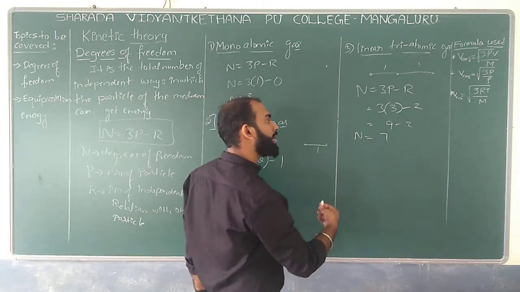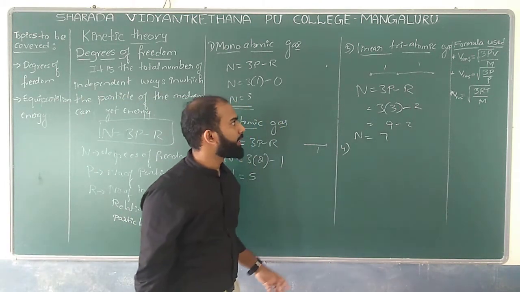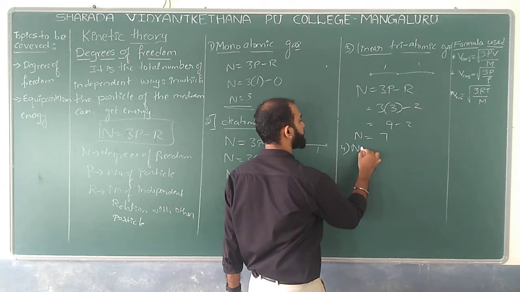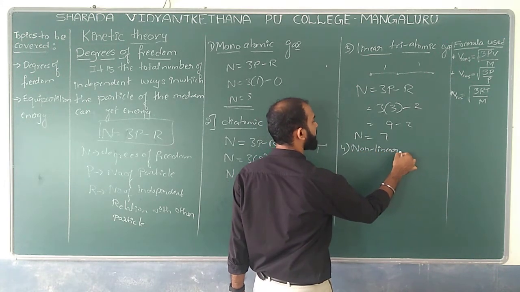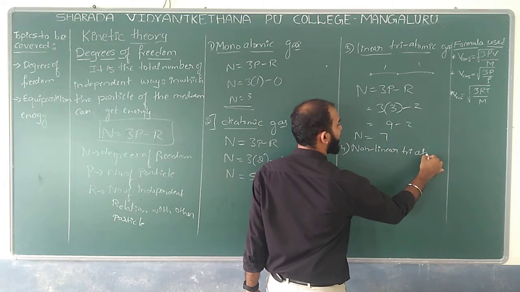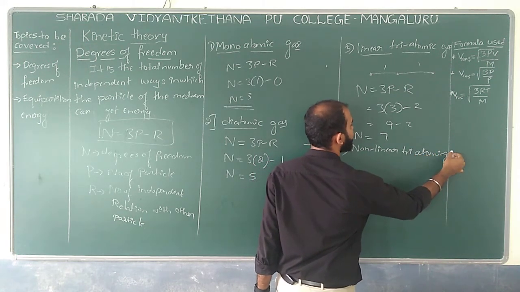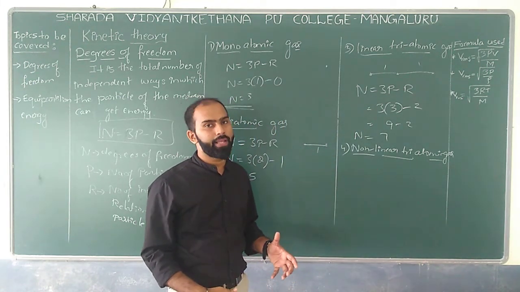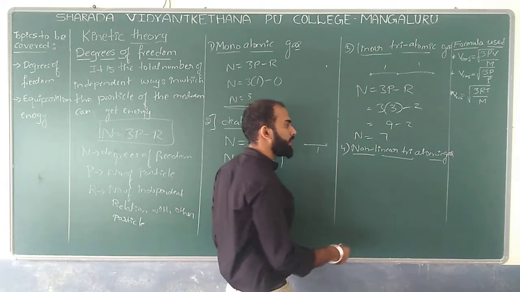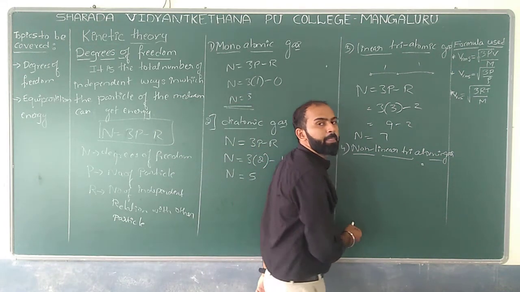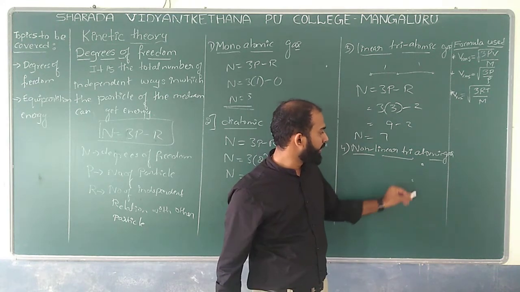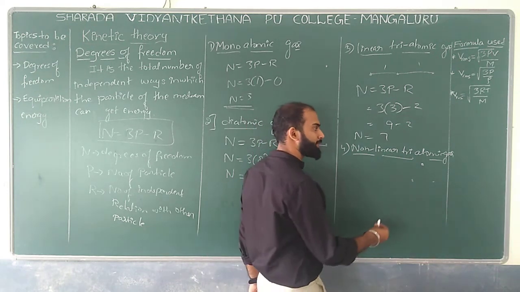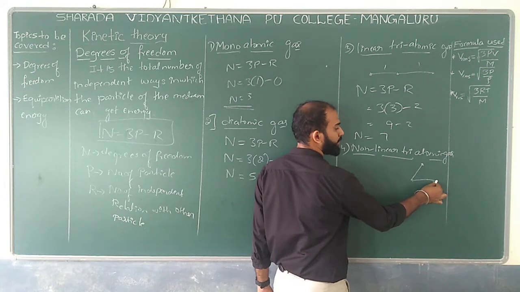Okay? Well, and similarly we can expect for our fourth one, that is the non-linear triatomic gas. Since it is non-linear, it should not be in a line, which means I can place one particle here, one particle somewhere here, and one more particle somewhere here. So now, what could be the arrangement I can expect? One relation from here to here, and next here to here, and here to here.